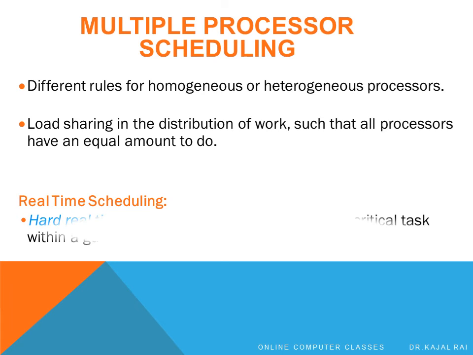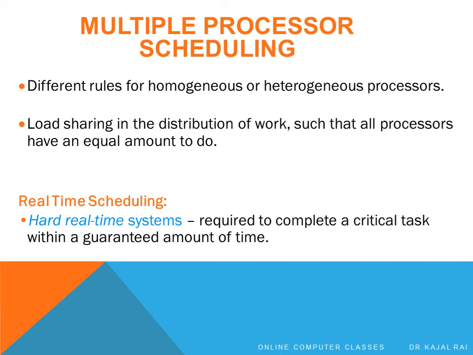Now, real-time scheduling. What is real-time scheduling? There are two types: hard real-time systems and soft real-time systems. In hard real-time systems, it is required to complete a critical task within a guaranteed amount of time. Whenever a task is given to a hard real-time system, a limited amount of time is also given, and within that time frame the system has to complete that task.